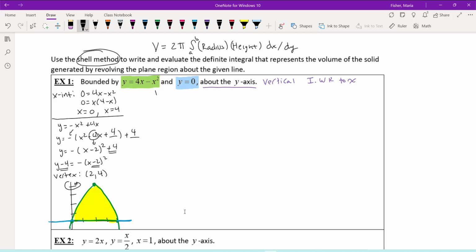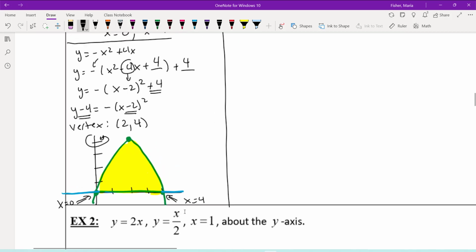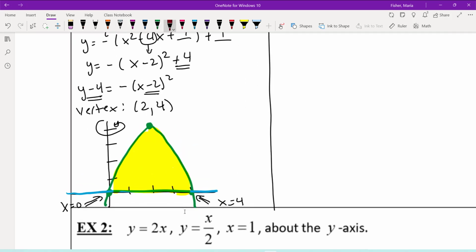What we need to do now is determine if we can see the limits of integration in x. Well, yes, we can. We are integrating from x equals 0 to x equals 4 because those are our bounds. Now we need to find the radius and the height. Well, the radius is always going to be perpendicular to your axis of rotation. So in this case, the radius is going to be the distance from there to there. That's your radius.